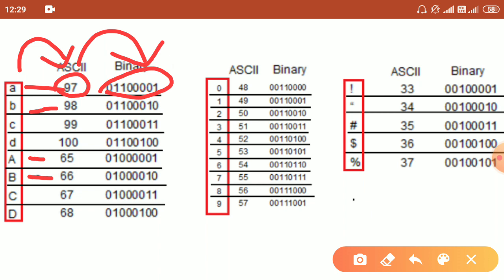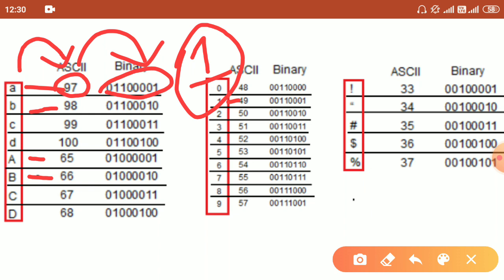Similarly, if I type, let's say, 1, even digits, any digits you type in a computer, will not be understood as the digit itself. Because for the computer, even if you type 1, it is just another character.